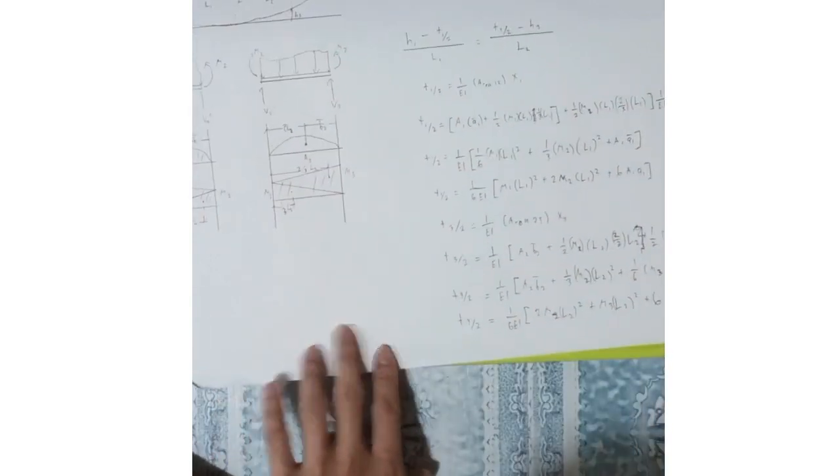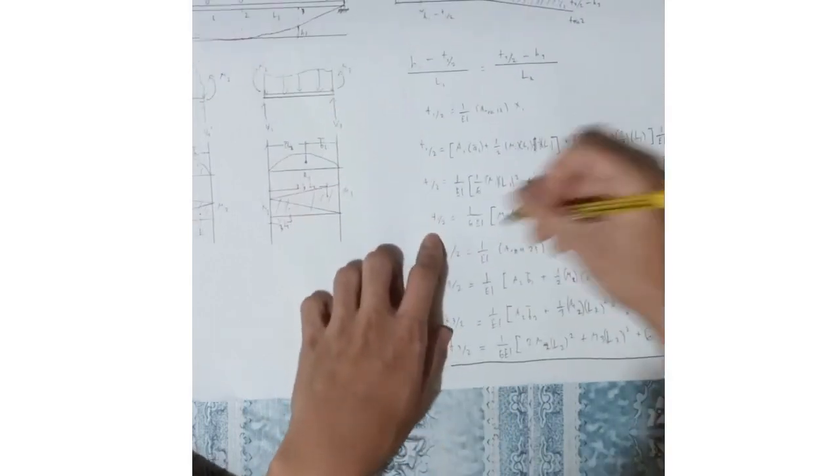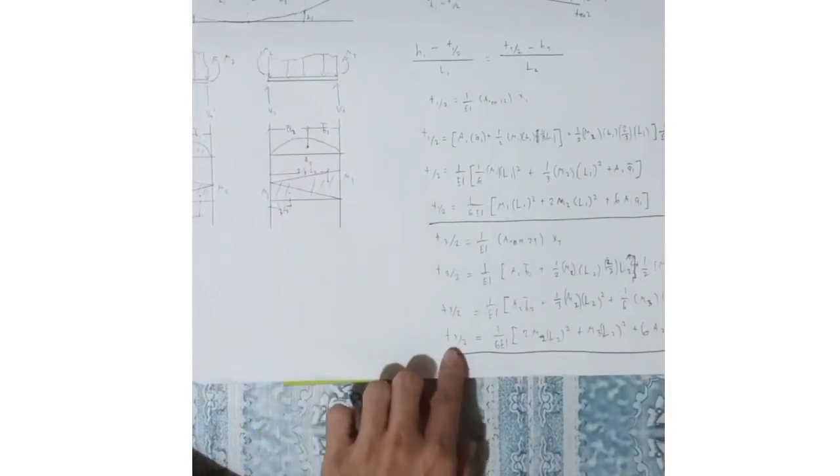That's it. That's the rotation of division 3 with respect to 2.